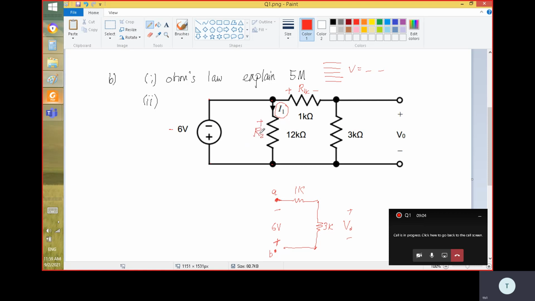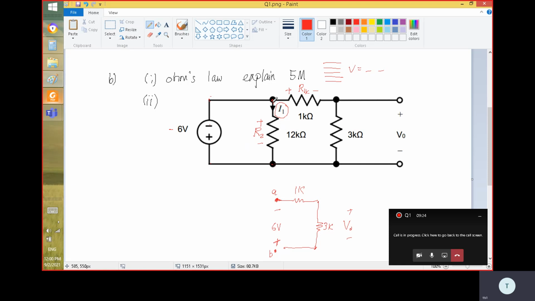Usually we write the positive here, right? So you can see if this node is negative here, that means we have minus 6 volt across these two nodes, because this voltage is directly applied to these two nodes.